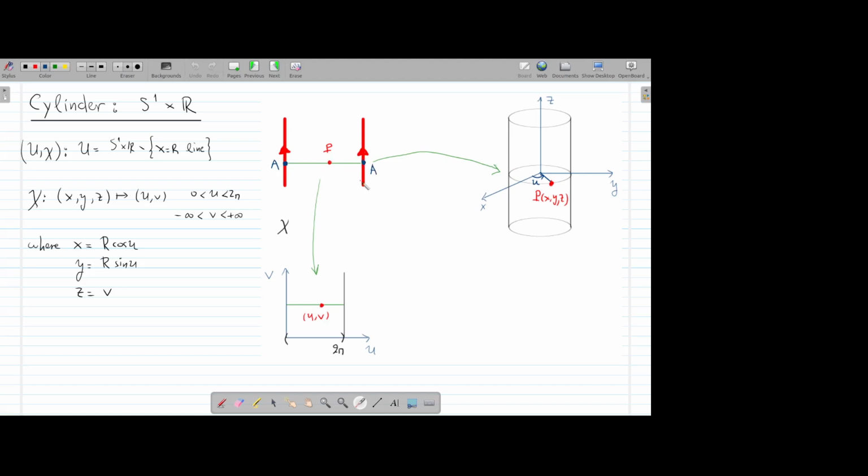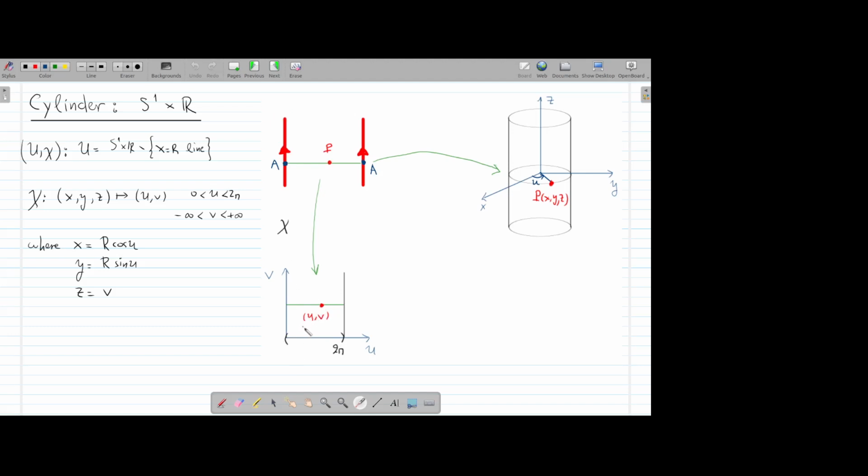So if we use this representation of the cylinder, it is easy to see that we can use a coordinate system U and V, which maps this strip here, except those two lines which are identified, onto the UV plane. So we take this coordinate U ranging from 0 to 2 pi, 0 and 2 pi excluded so that we don't include this line here, and the coordinate V ranging from minus infinity to plus infinity.